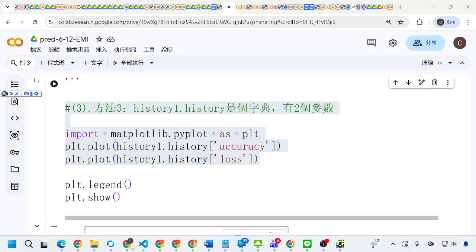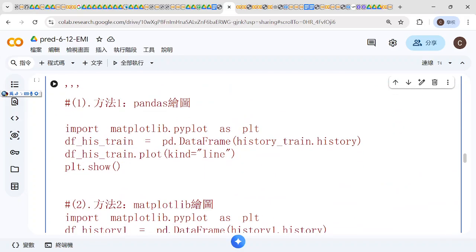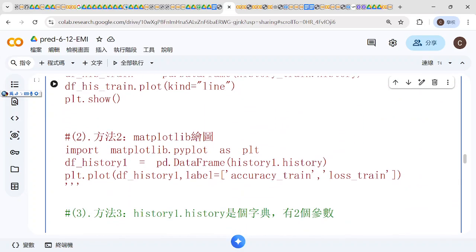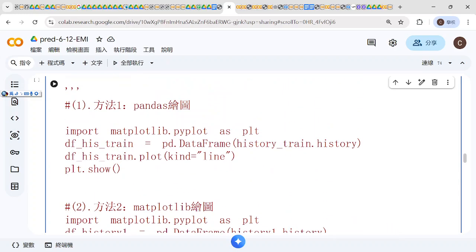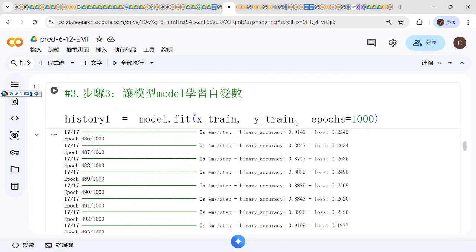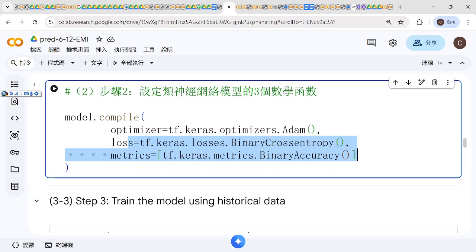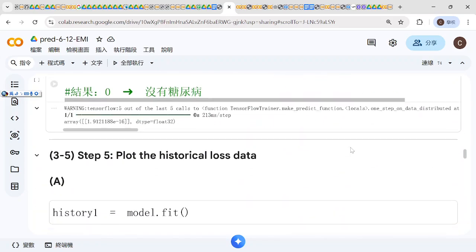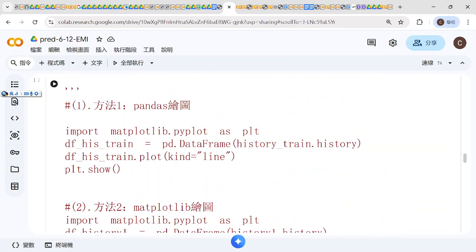And here is the accuracy of all the binary accuracy. So I think the loss trend, because we have two values, right? Loss trend here is your... Which one is correct?